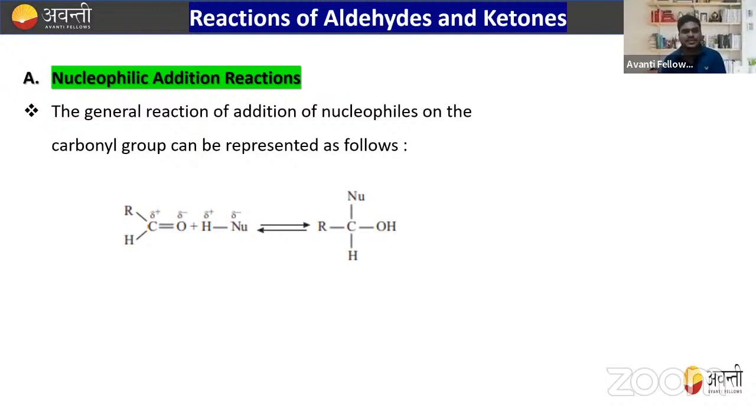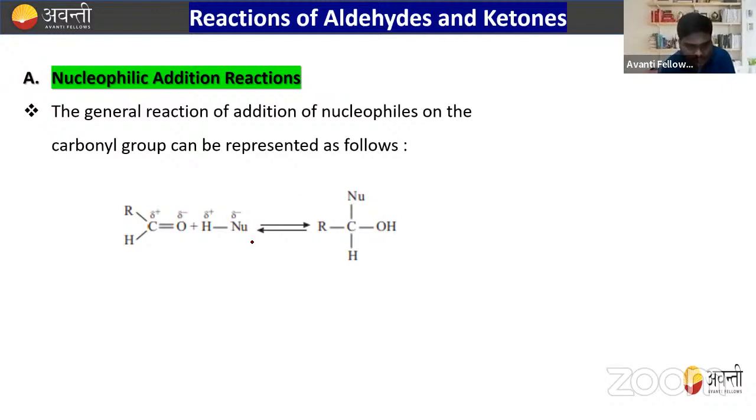So, nucleophilic addition reaction. The general reaction of the addition of a nucleophile on the carbonyl group can be represented as follows. This is the aldehyde, with the carbon having a partial positive charge and the oxygen having a partial negative charge. The nucleophile has a negative charge and the H has a positive charge. So what reaction takes place?